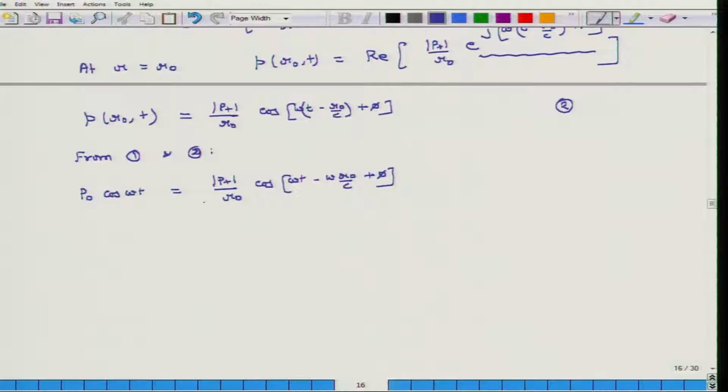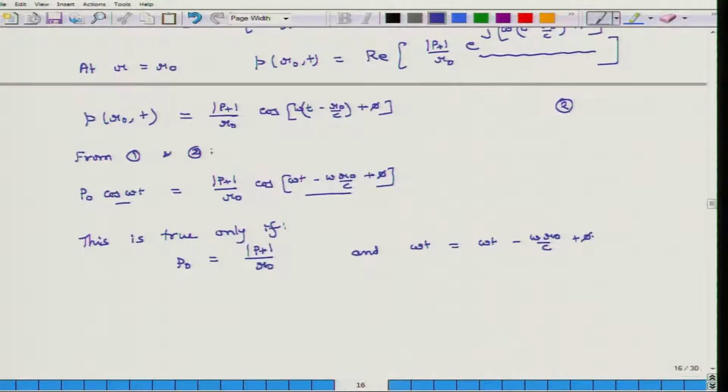The right hand side and left hand side can be equal if and only if P naught equals p plus over r naught, and omega t equals omega t minus omega r naught over c plus phi.